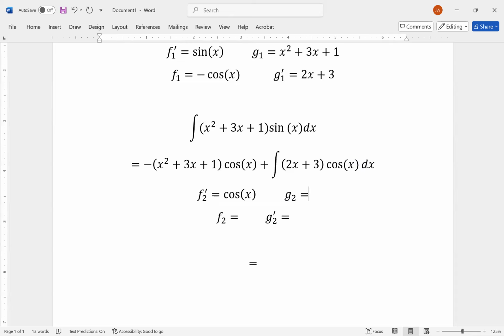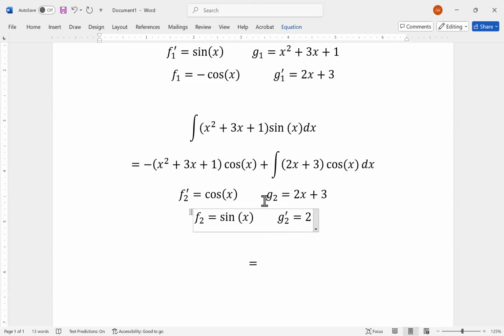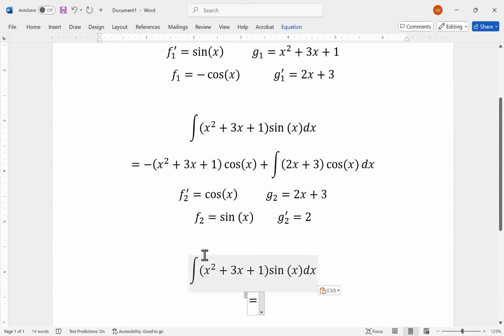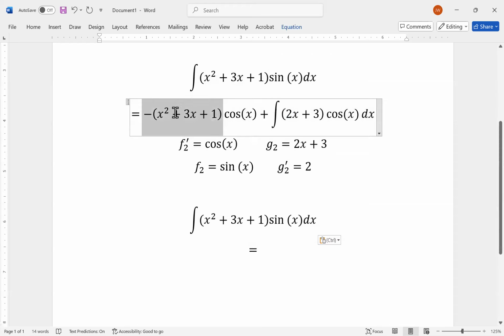I'll let my polynomial be my g. Derivative of g is just the number 2. The antiderivative of cosine is positive sine. So what's going to happen? What I'm saying is this integration, the original integration that I was trying to do, is going to be equal to this part. That part stays.